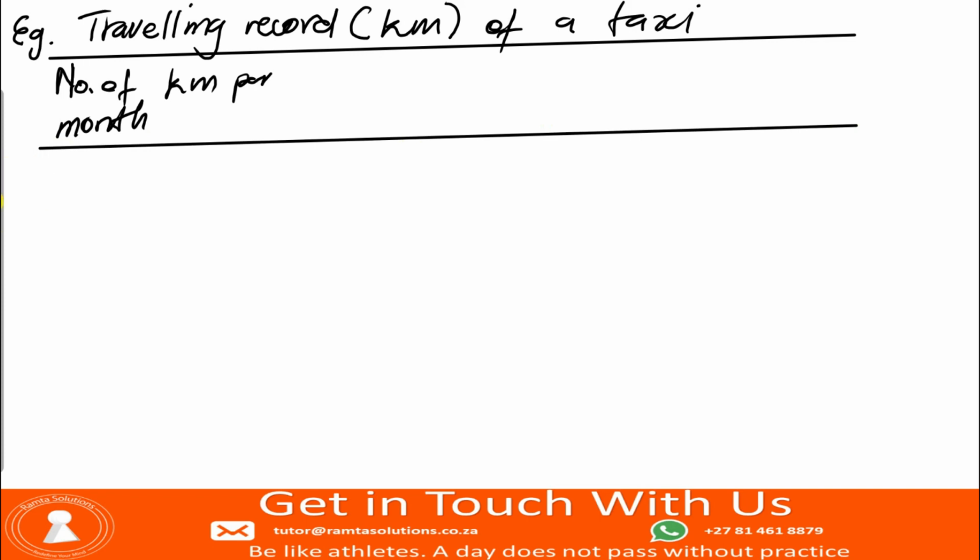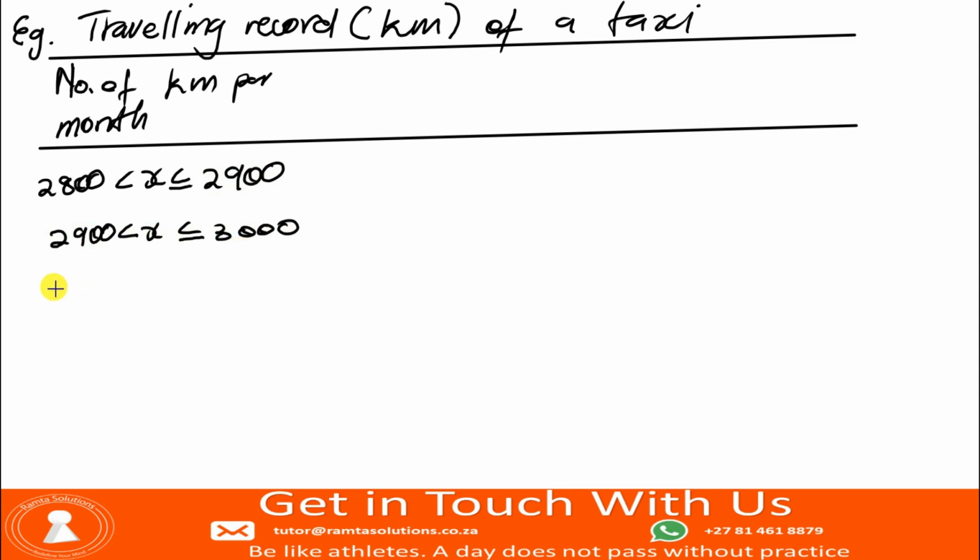Then let's say the first class we're going to look at is a distance where the taxi travels kilometers greater than 2,800, but less or equal to 2,900. And then the second category, greater than 2,900, but less or equal to 3,000.